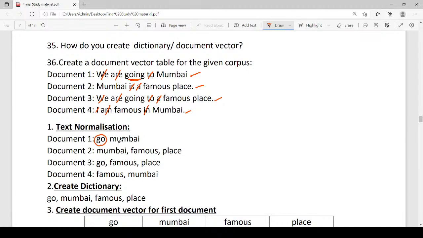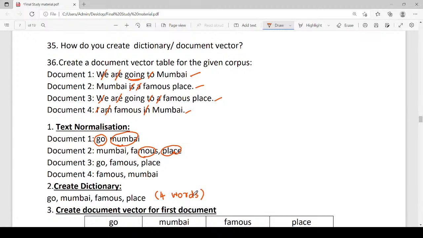I'm taking go, Mumbai. Mumbai is getting repeated. Famous, place. Now, go is getting repeated. Famous is getting repeated. Place is getting repeated. Fourth document, famous is getting repeated, place is getting repeated. So ultimately I end up with 4 words in my dictionary: go, Mumbai, famous, place.